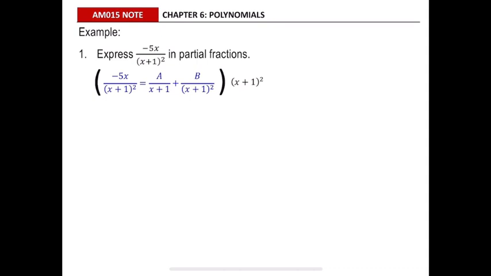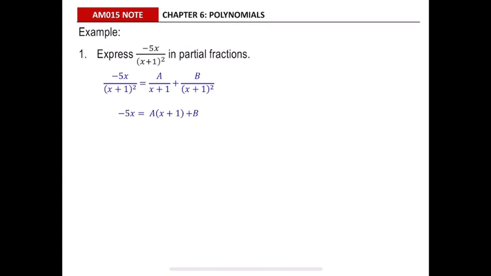Start from the left side, and we get negative 5x. Multiply the second fraction, we will get A multiplied by (x + 1). And multiply the last fraction, we will get only B.